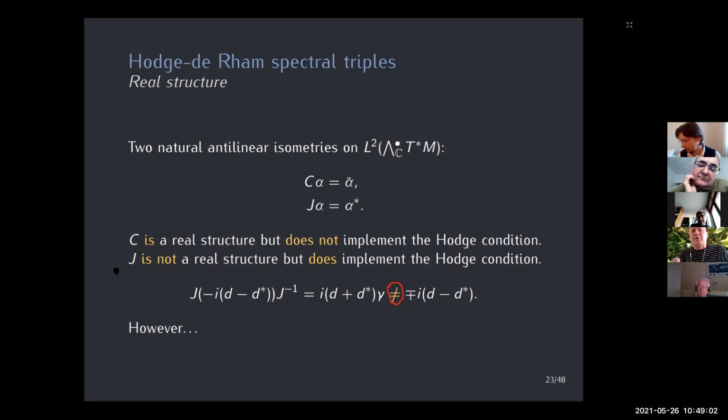No, I'm not talking about this. I'm talking about this. If you take d plus d star and minus i times d minus d star, they differ by a phase applied to d. This is true, but they are different.